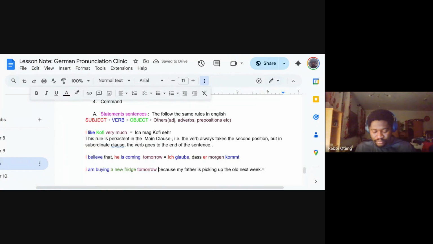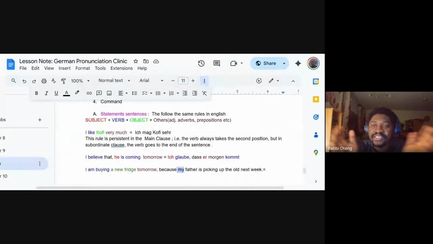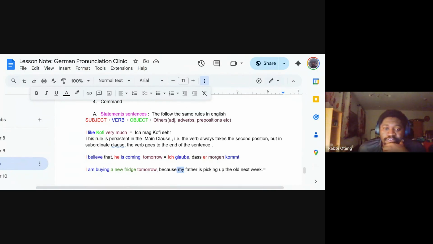Then because my father is picking up. So this is a new sentence because we always have a new subject. It means we have a main clause and a subordinate clause, and we get them when the two sentences have different subjects.